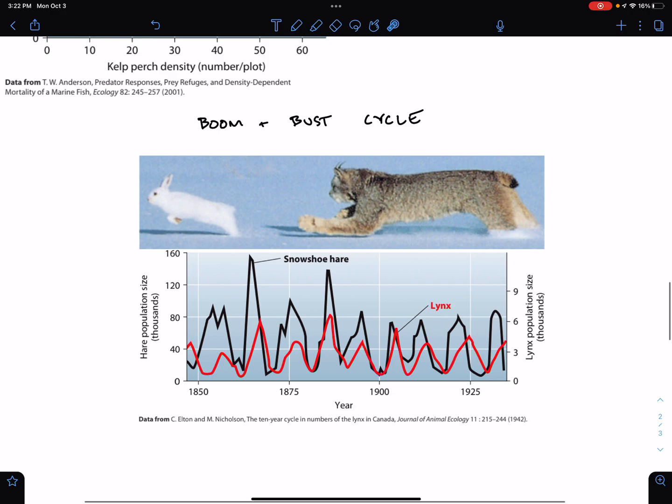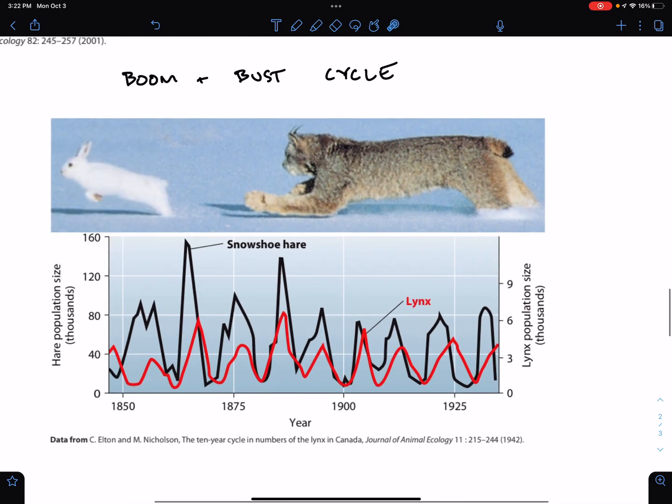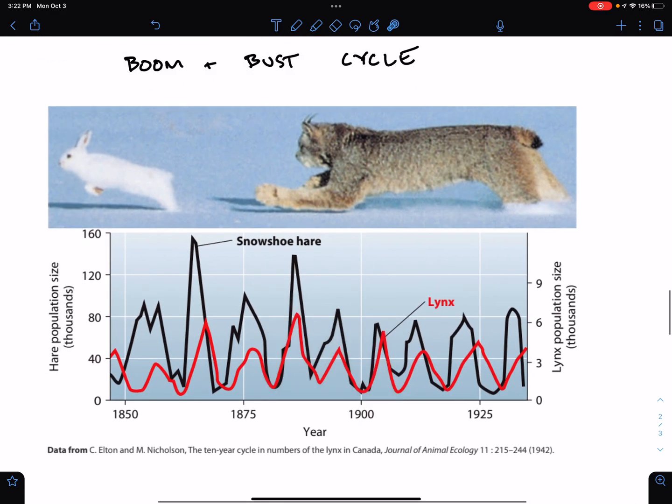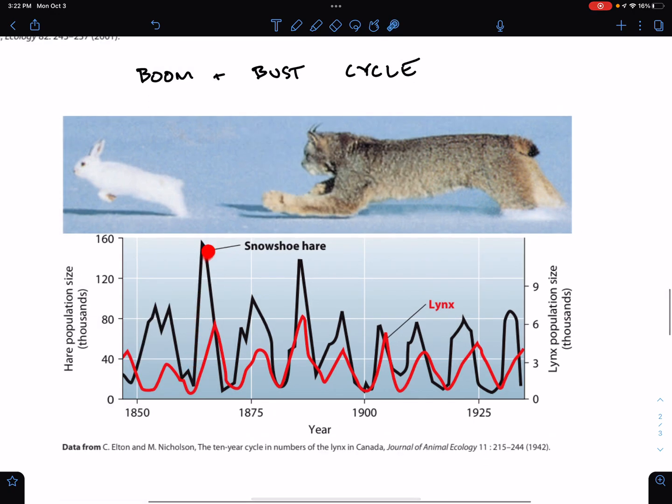And I'm actually not going to talk about this boom and bust cycle, but I want you to take a look at the graph and notice, when does the snowshoe hare peak? When does the lynx peak? And can you make a prediction for why you think we see these large oscillations in snowshoe hare population and the similar but slightly offset oscillations in the lynx population?